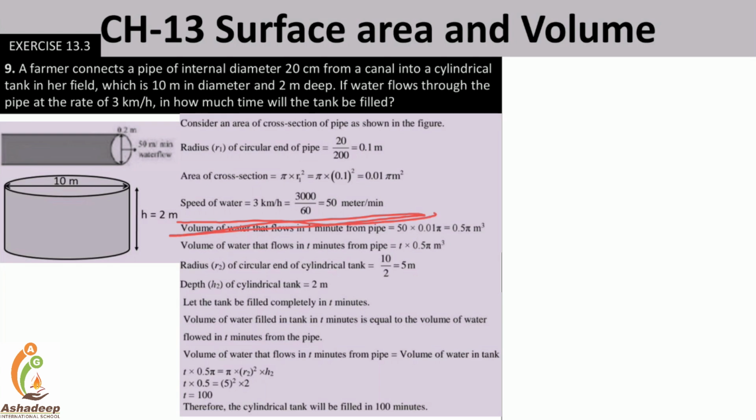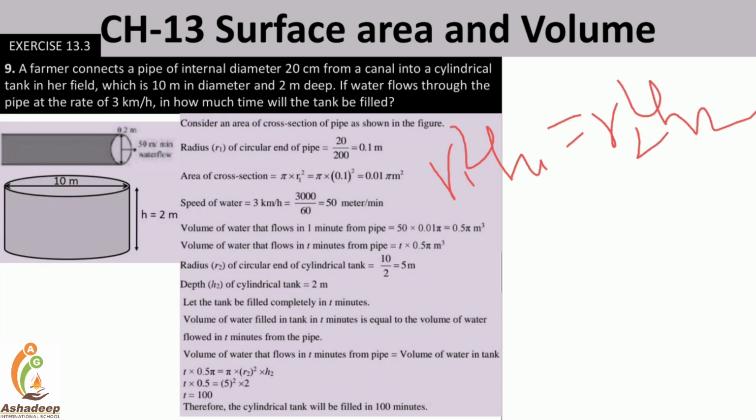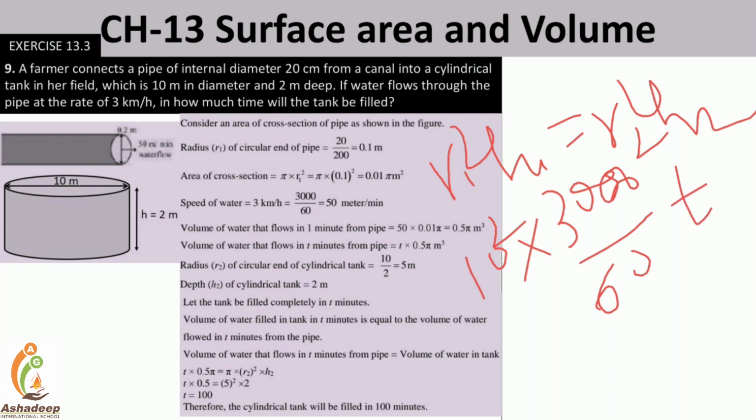Now here the volumes are the same, so the volume remains the same. So now these values are put here, as I already wrote: R1²H1 = R2²H2. What is R1? That is nothing but 10 squared into H, and H we already found, which is 3000 divided by 60 into T, equals R2 squared into H2.